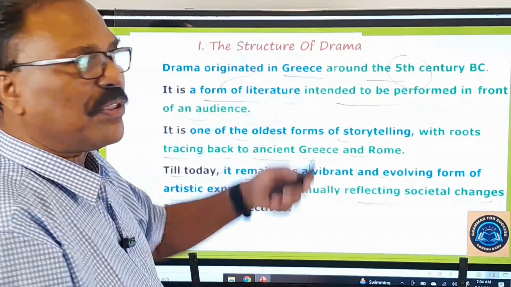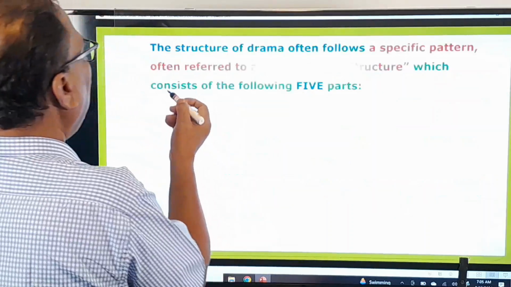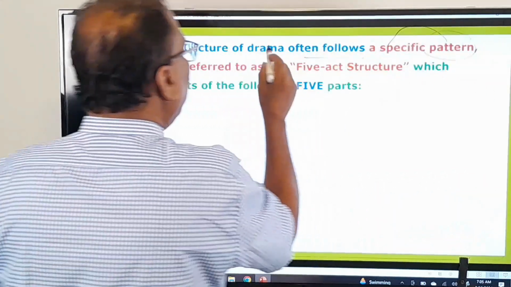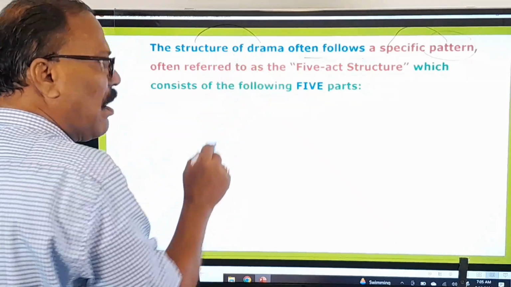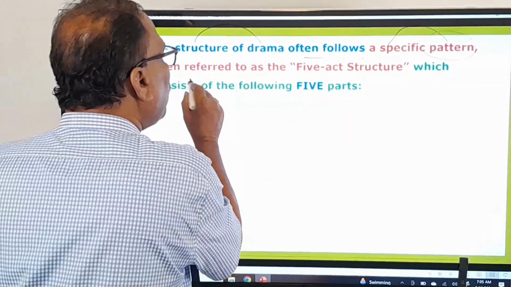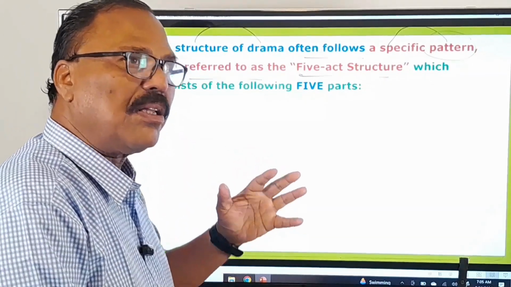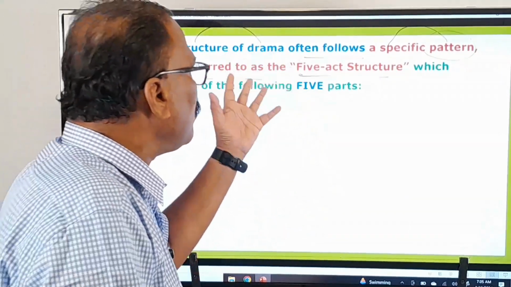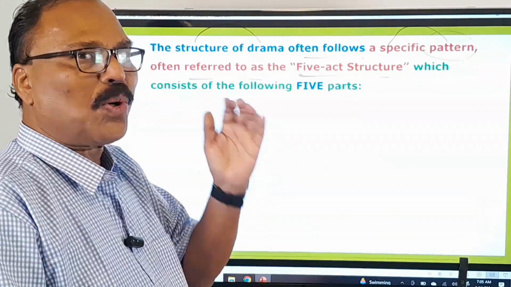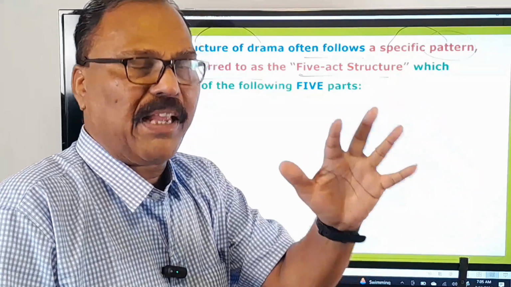And now we are going to learn about the structure of drama, right? The structure of drama often follows a specific pattern. Remember, it is often referred to as the 5-act structure. Earlier, in the olden days, there used to be a 5-act structure, and therefore they used to call dramas a 5-act play also.